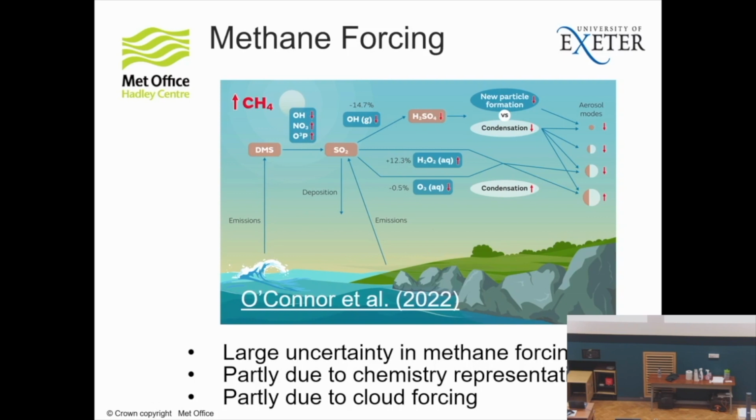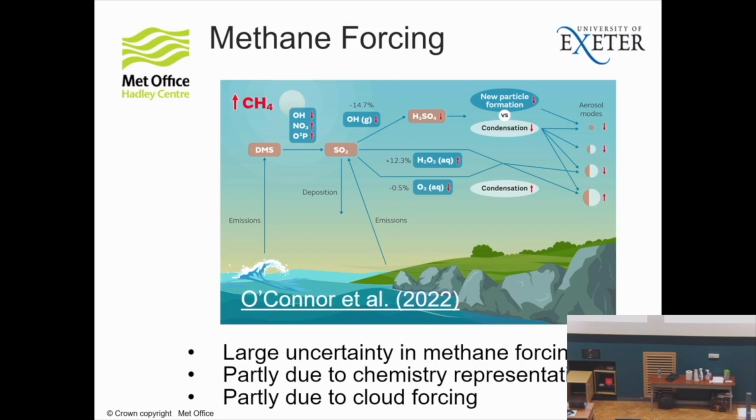We know from multiple models that there's a large uncertainty in the impact of methane on the Earth's radiation balance, and that's partly due to the representation of chemistry in the Earth system models. Some of the models that contributed to CMIP6 didn't capture all the processes that would have contributed to those green bars, if you remember, on that bar chart.